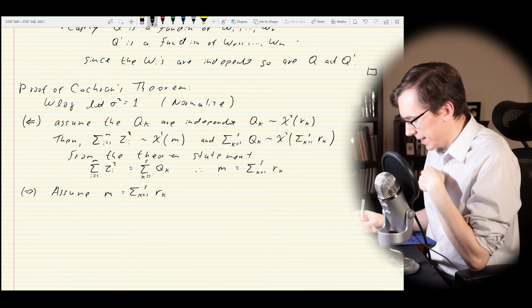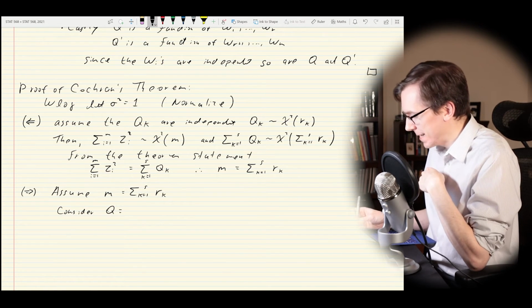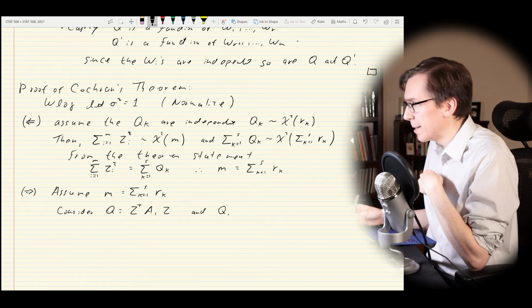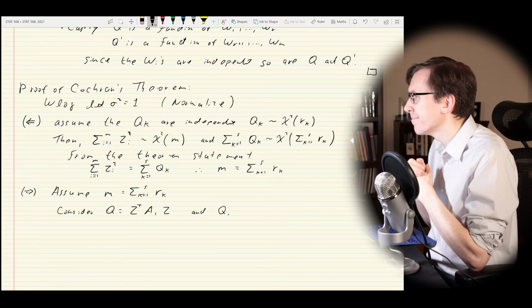So what we do is consider Q_1 to be, by definition in the theorem statement, Z transpose A_1 Z. And now we'll denote Q_1 prime. I think that was the notation I was using.